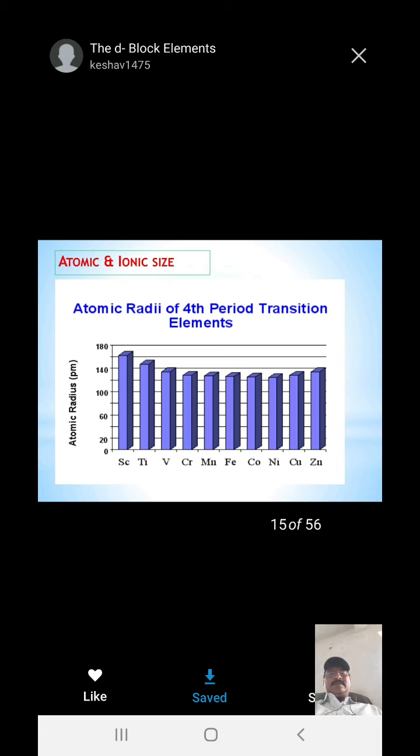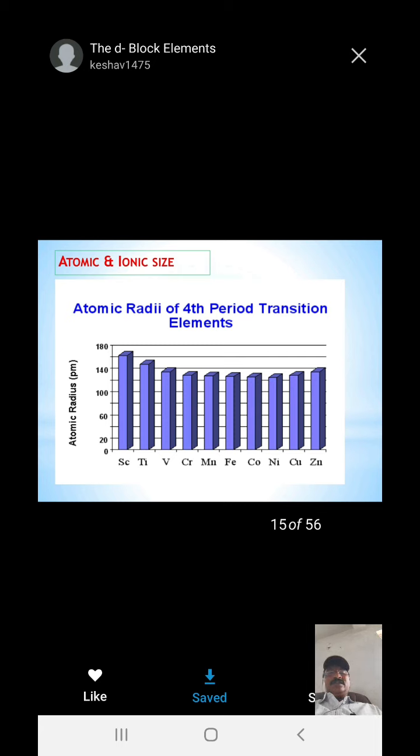Atomic radius. Okay. Already we know the periodicity of atomic radius. Atomic radius gradually decreases in a period from left to right. Here, see, scandium has a larger atomic size than titanium, like that. But the decrease in atomic size continues only from scandium to nickel.